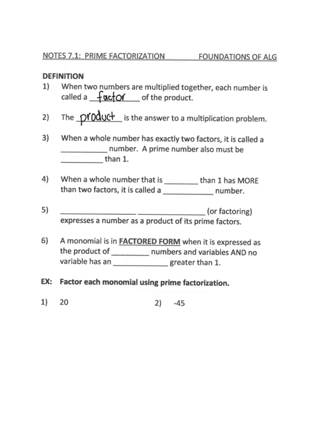So if I said 5 times 2 equals 10, my product is 10, and 5 and 2 are both factors.